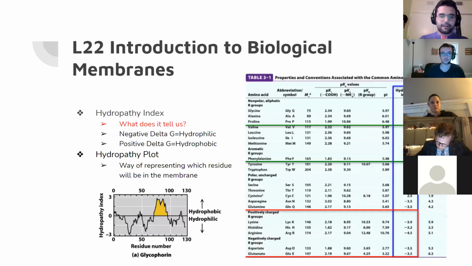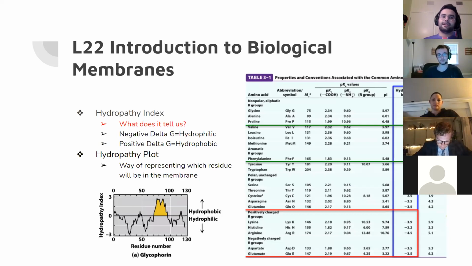The important thing here is our hydropathy index, right? So can anybody tell me what this is trying to tell us? How much it really doesn't want to be near water, basically. Yeah, so it's telling us how certain amino acids are going to interact with water.